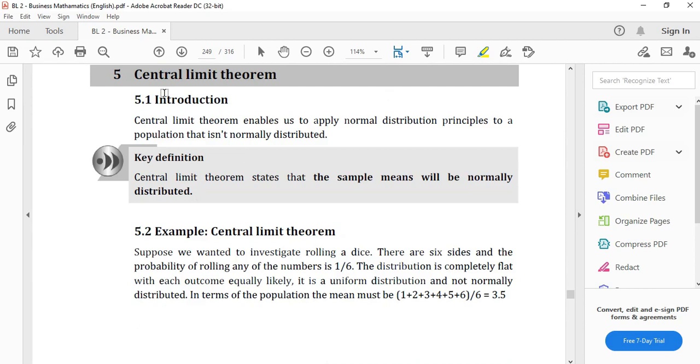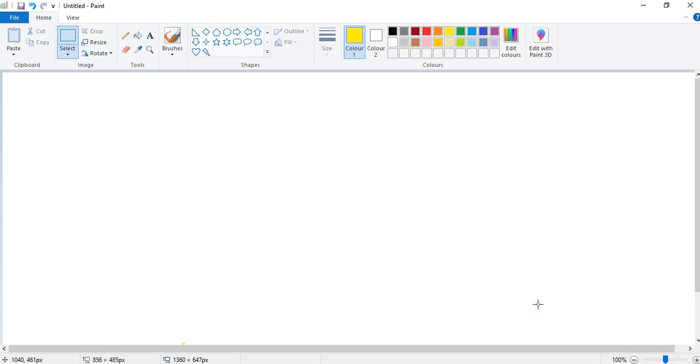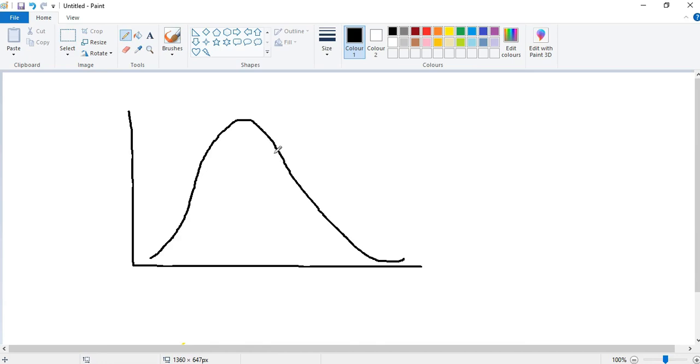Alright, next let's learn central limit theorem. Now, we will use the central limit theorem if the population is not normally distributed. That means there is no middle spread. That means population mean is somewhere here.